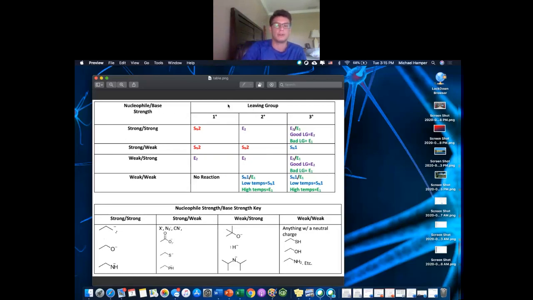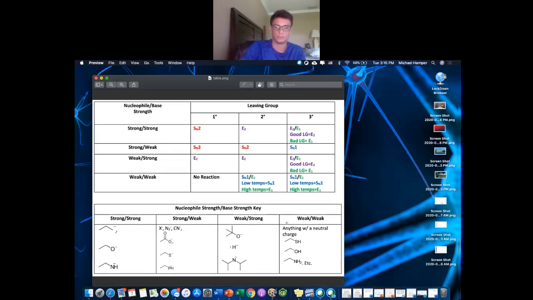If you have the substrate and leaving group, if the leaving group is primary, secondary, tertiary, then you look at what's reacting with it, the nucleophile or base. If it's strong, strong, weak, weak, strong, weak, you'll be able to look at this table, piece it all together, and figure out what type of reaction is occurring. And so this reaction throws together substitution and elimination. So get to know this, you're going to need it.